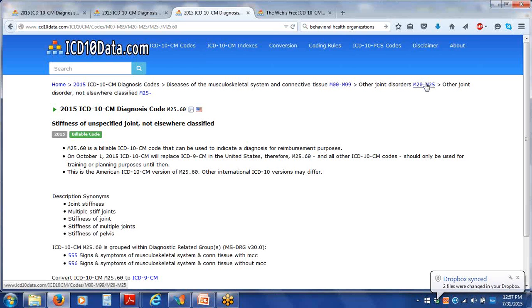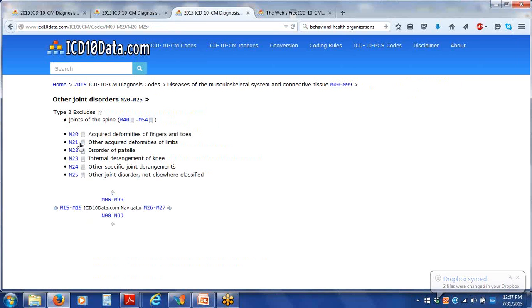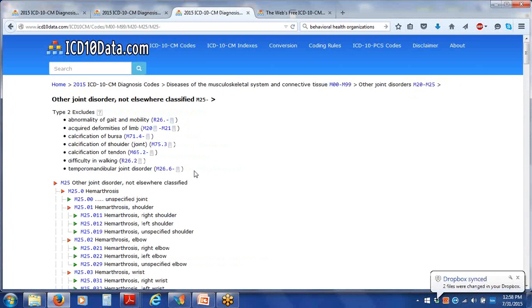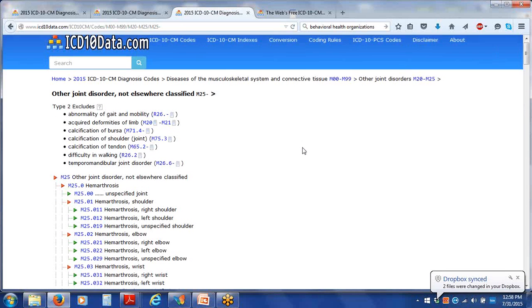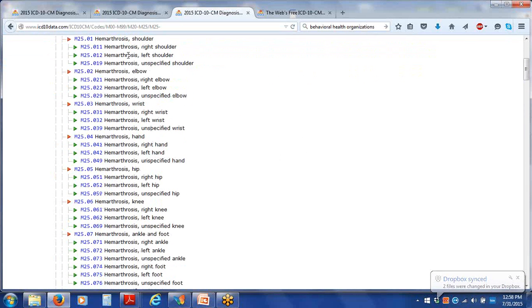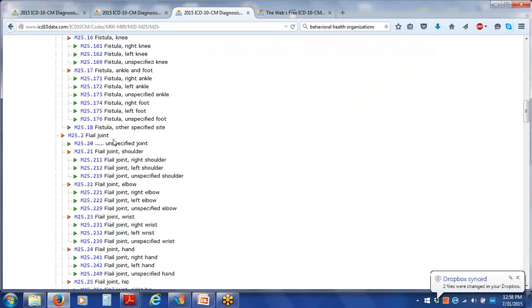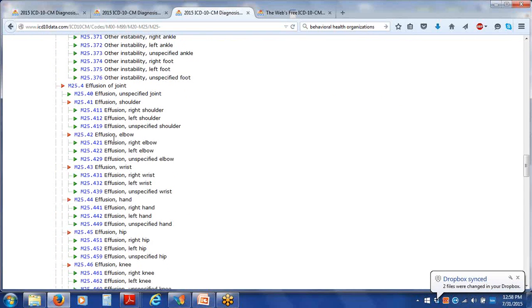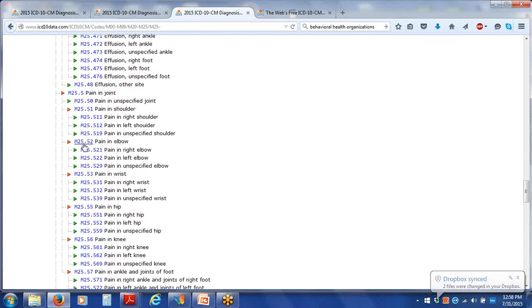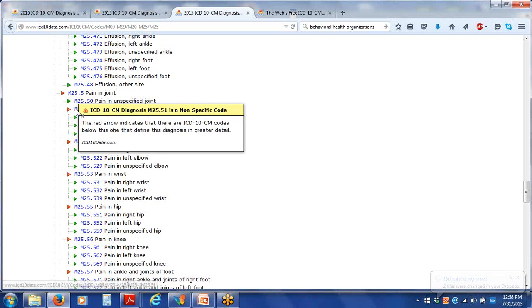Was there another question? Let's look at M20 to M25. If you pull up M25, now you have the big expansion of codes of the different types of joints. And again, if you use the words elbow pain, pain in joint, pain in an unspecified joint ends in 0, pain in shoulder, but here's what happens.